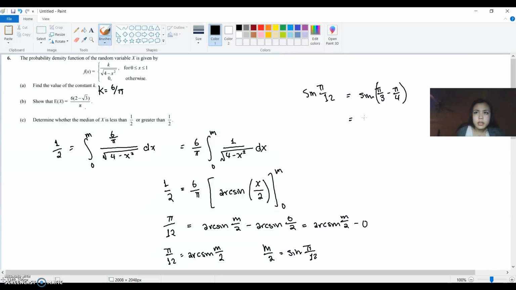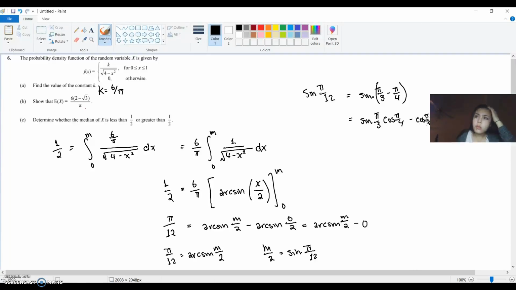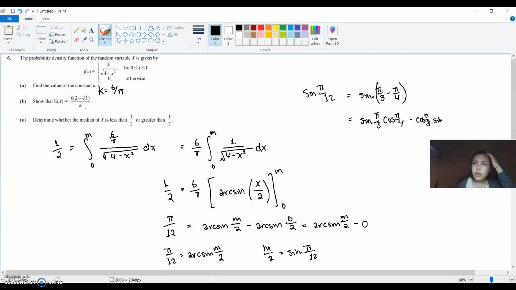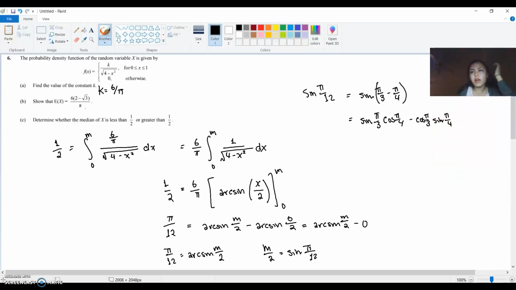So this is sine of pi over 3 times cosine of pi over 4 minus cosine of pi over 3 times sine of pi over 4. Sine pi over 3 is root 3 over 2. Cosine pi over 4 is root 2 over 2.